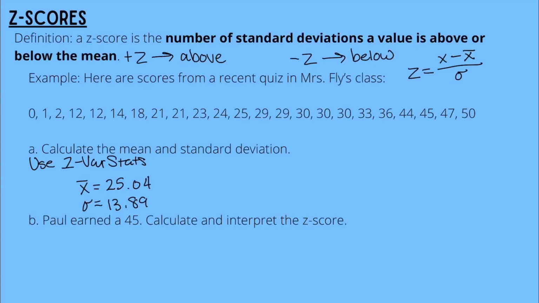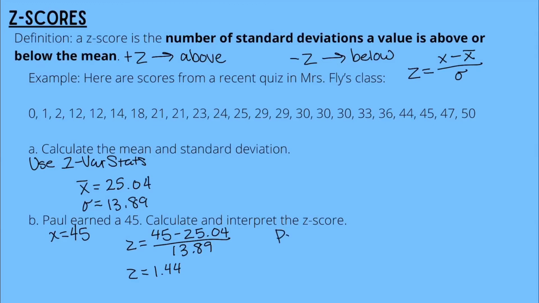So in part B here, we're looking at a score of 45. So we want to calculate and interpret that z-score. So that means our value here, our x, is 45. So our z-score is going to be 45 minus our mean, which is 25.04, divided by 13.89. And if we do that, again, 45 minus 25.04 divided by 13.89, that'll get us a z-score of 1.44.